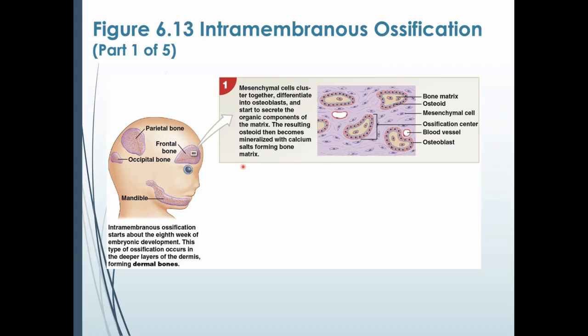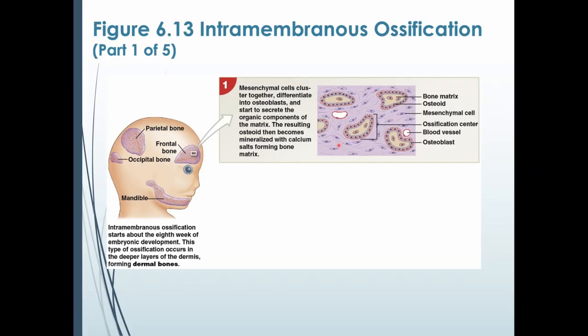In this set of steps, you're basically going to see different types of mesenchymal cells. They're going to start to cluster together in here. You can see these purple mesenchymal cells. Boom, boom, boom, boom. They start differentiating into osteoblasts.